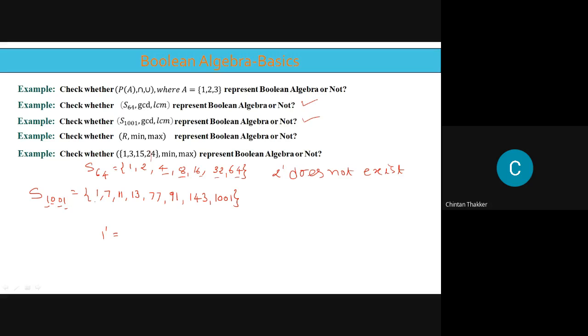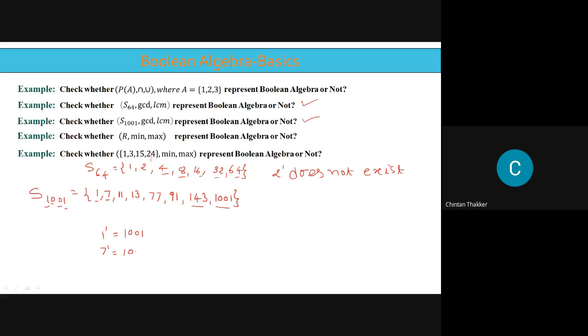Okay, so here 1 dash is a 1001. If we take the GCD and LCM of 1 and 1001, then the GCD is 1 and the LCM is 1001. Then for 7 dash, if we consider 7 and 143, then 7 and 143 have GCD 1 and LCM 1001.